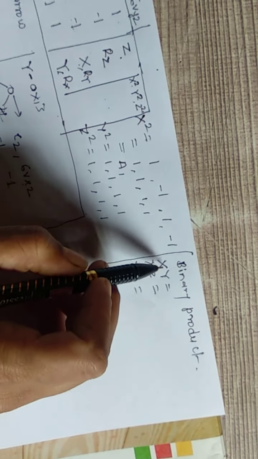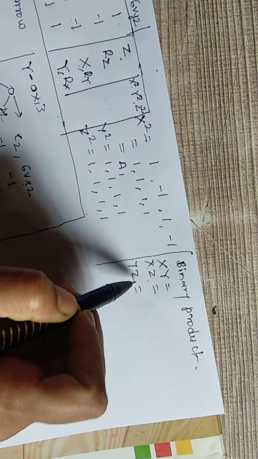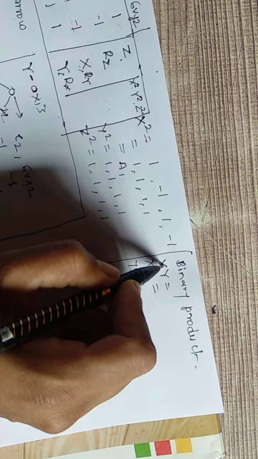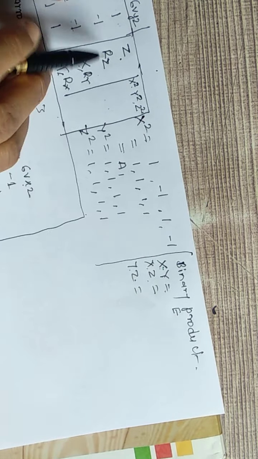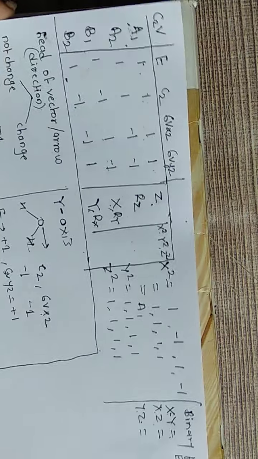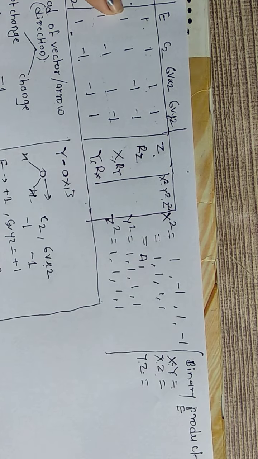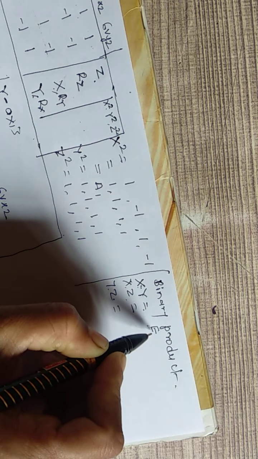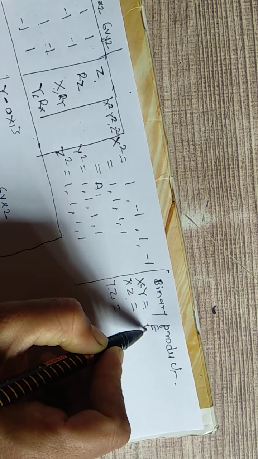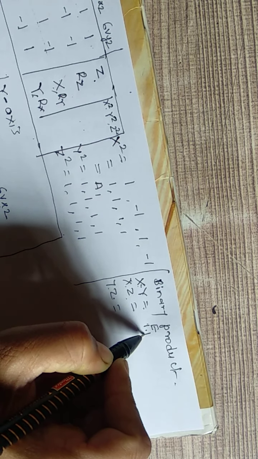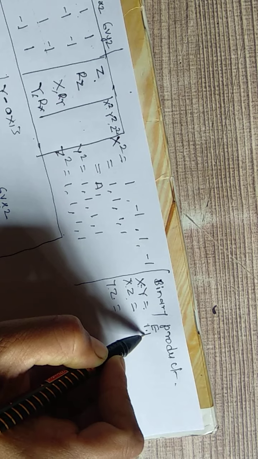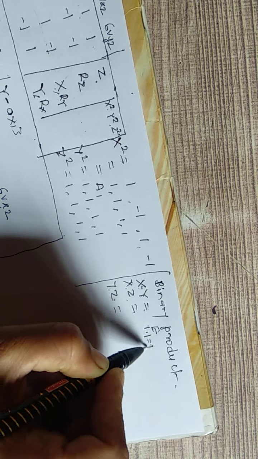The binary product of xy, xz and yz. The xy is, for identity, x is 1, y is +1, then it is equal to 1.